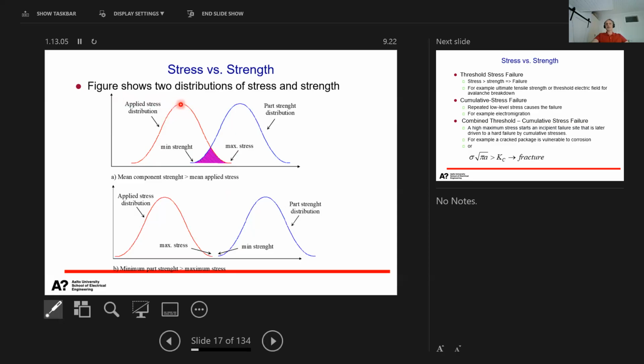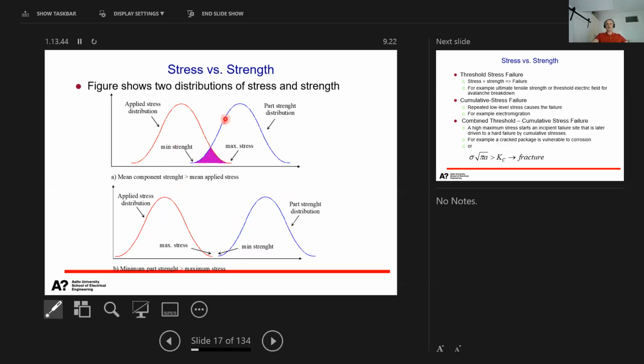Let's say you use active cooling, decrease the temperature, get the average temperature lower. Or you make your product stronger, moving this one upwards, using a new technique or material which makes your part stronger, or you narrow this distribution. So you move this part and this part closer to the center, and that also decreases this area here.